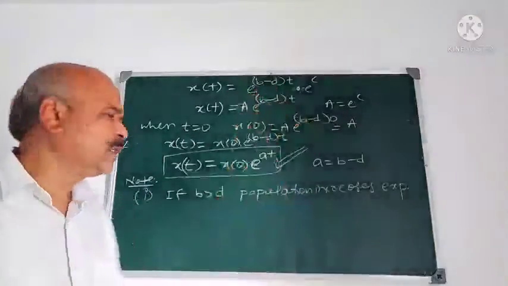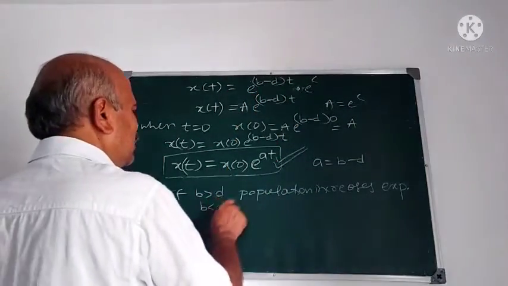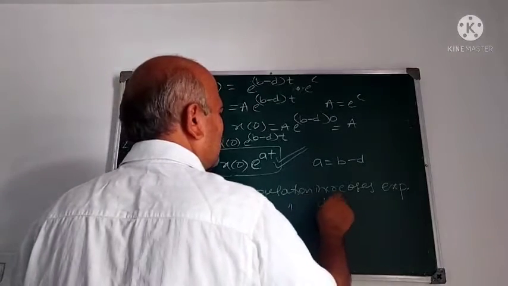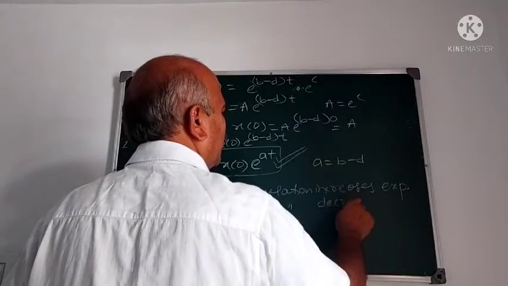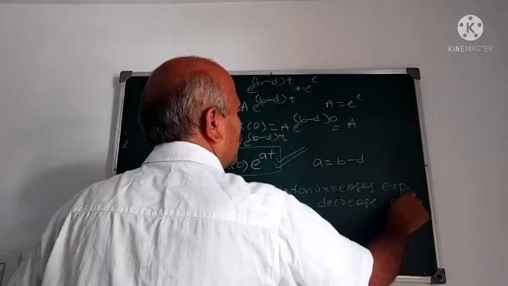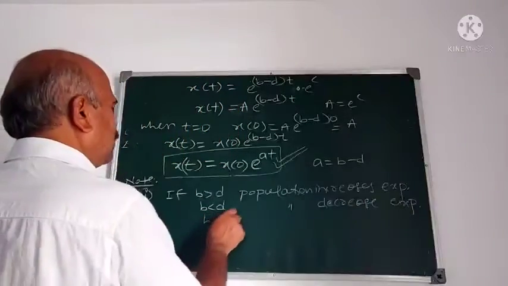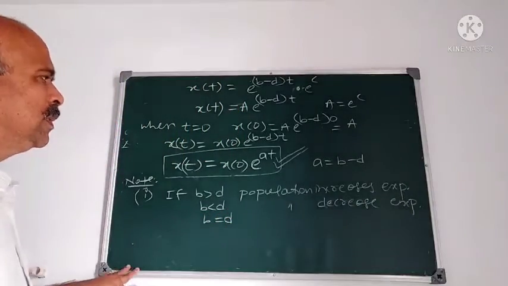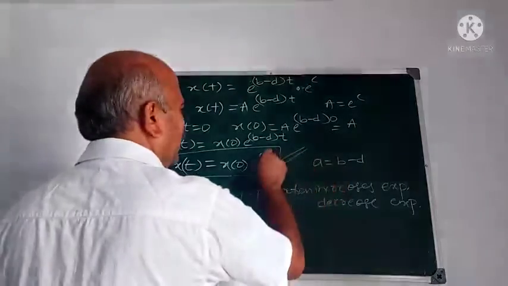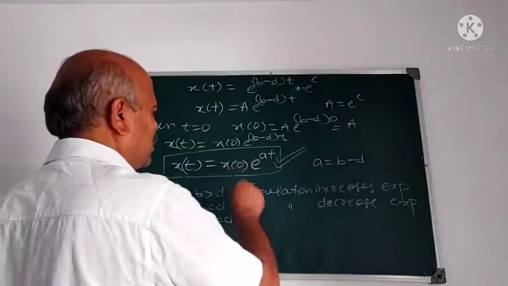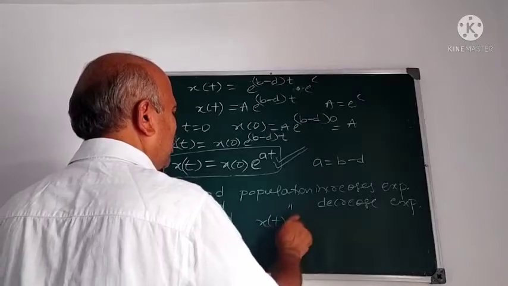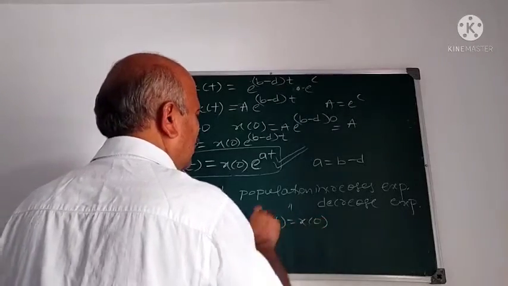Therefore it increases exponentially. Suppose b is less than d, population decreases exponentially. Suppose b is equal to d, then what happens? a is 0, x(t) becomes x0 only.